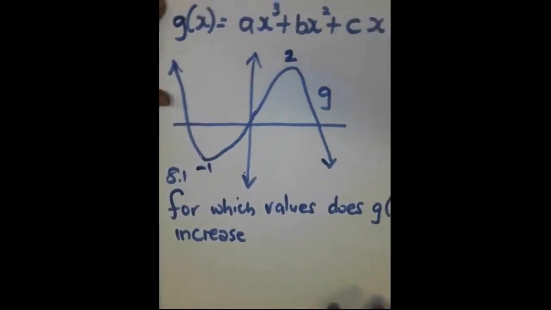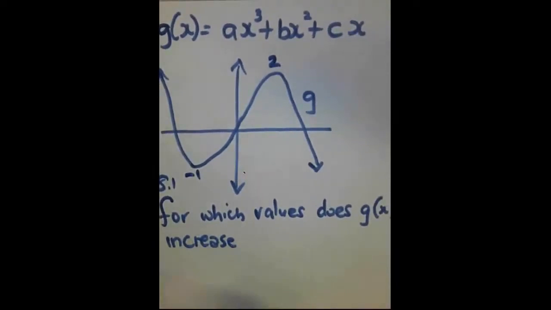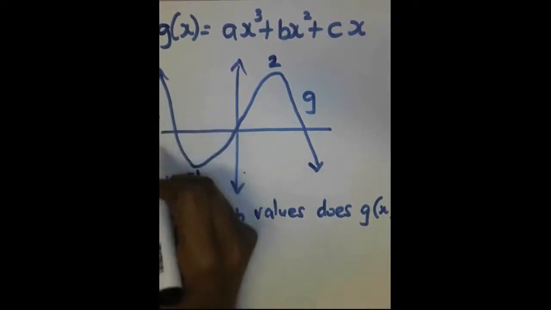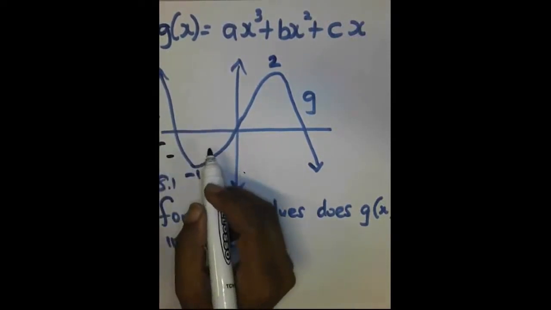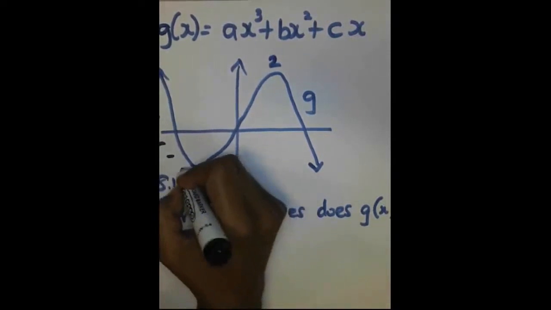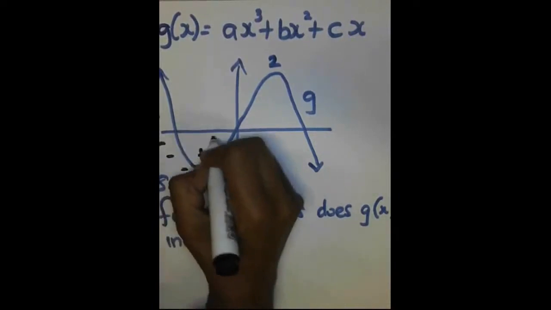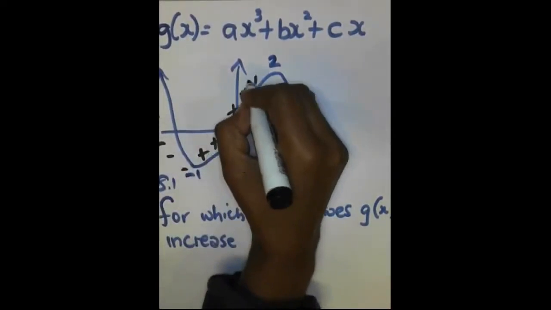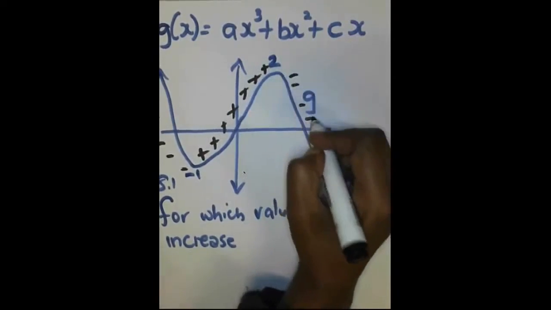Remember what I did? I said this function is coming down, down, down, then it goes plus, plus, plus, until it gets to 2, down, down, down.